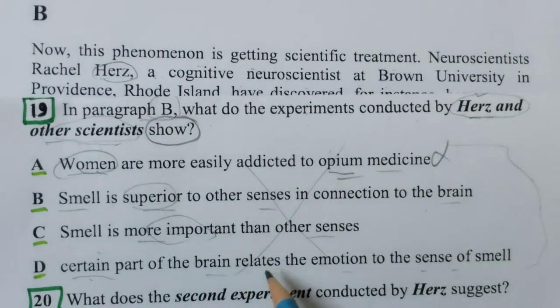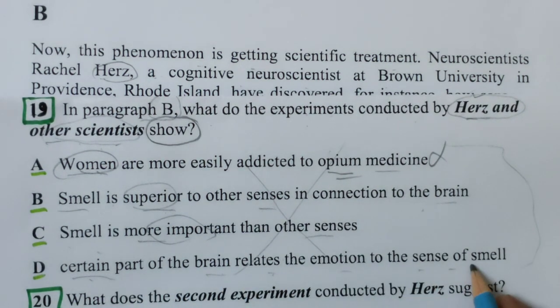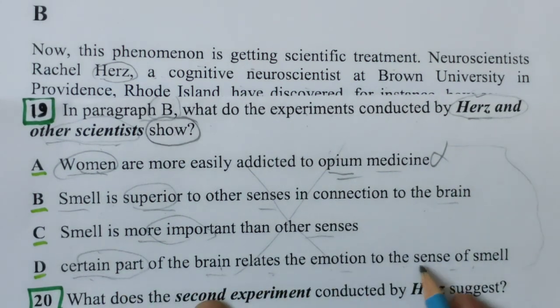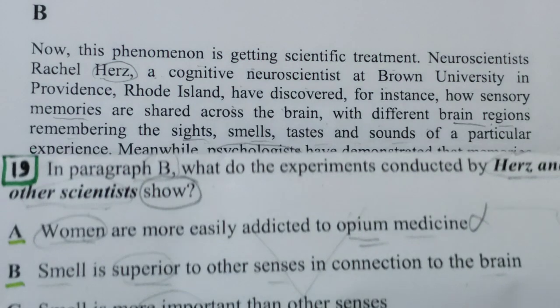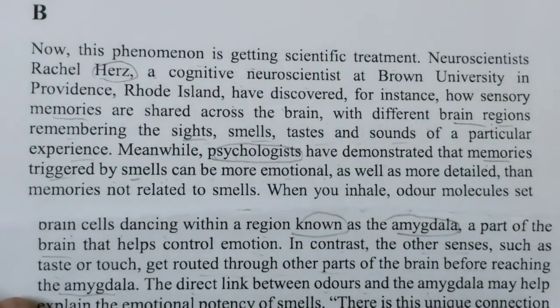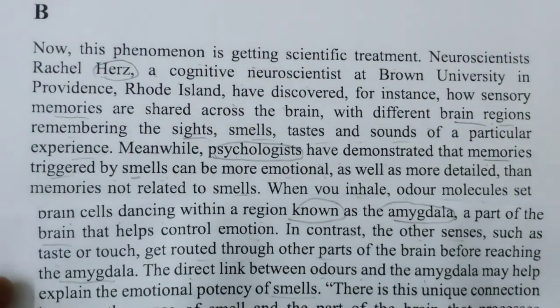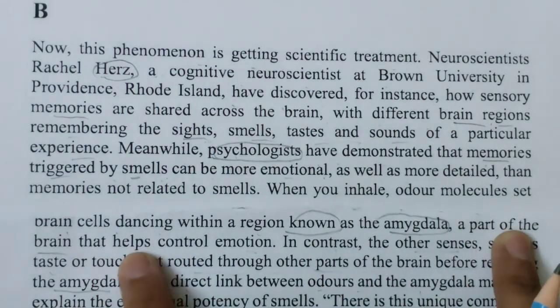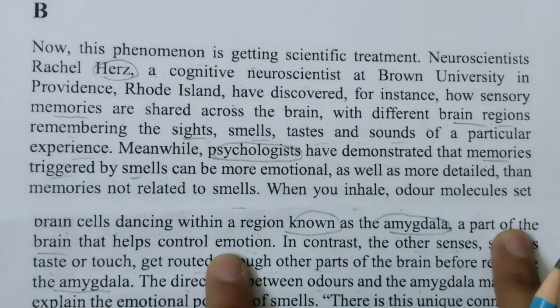A certain part of the brain relates the emotion to the sense of smell. So this one we can decide. See this. So here, a part of the brain that helps control emotion also.